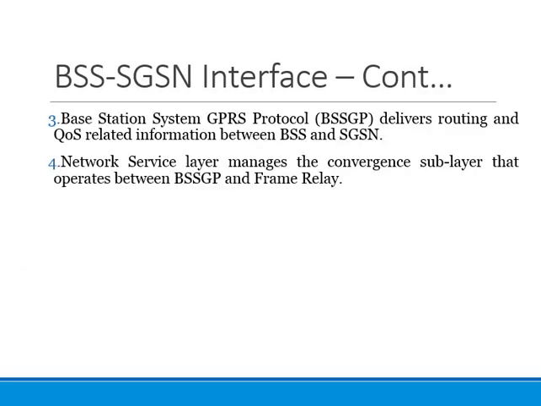The base station subsystem GPRS protocol, that is the BSSGP, delivers the routing and QoS related information between the BSS and SGSN. The last is the network service layer. It manages the convergence sublayer that operates between the BSSGP and the frame relay.